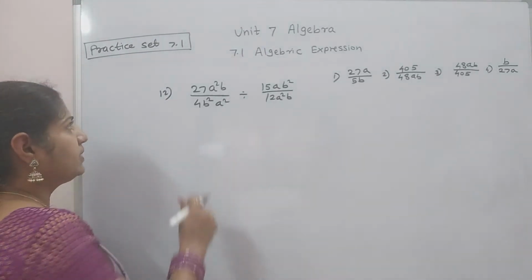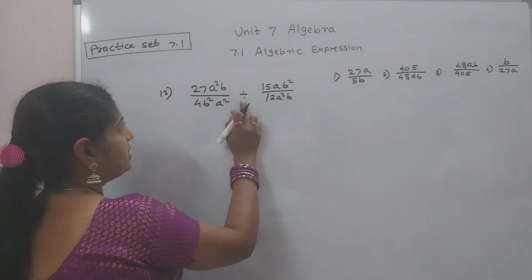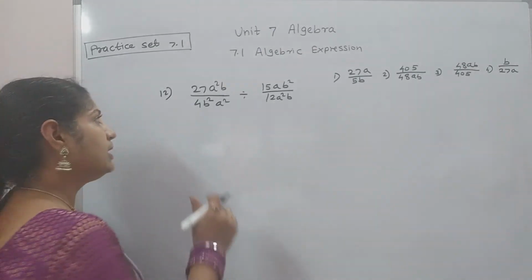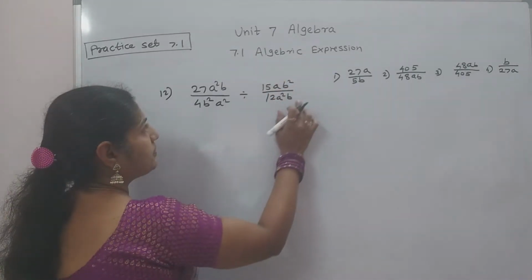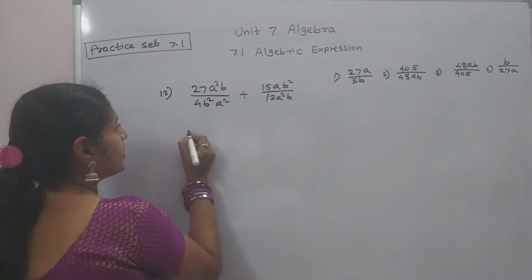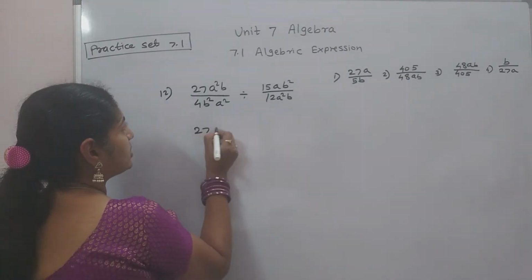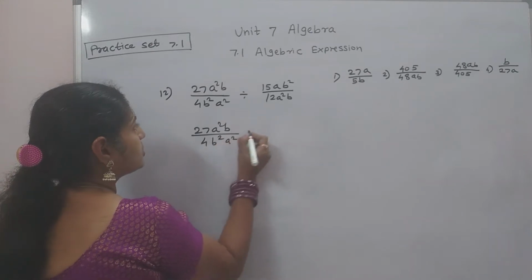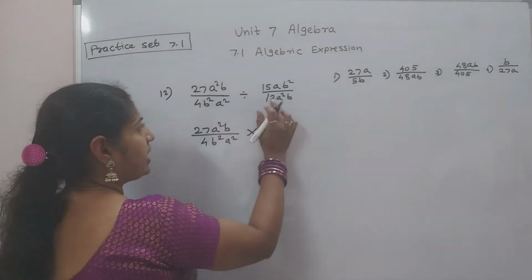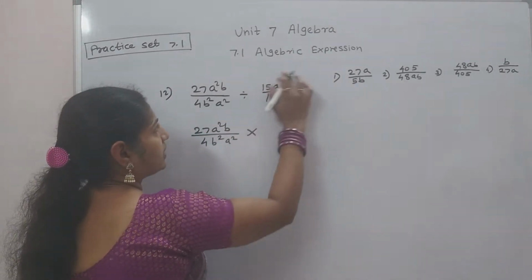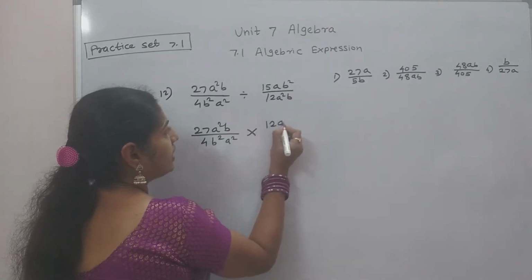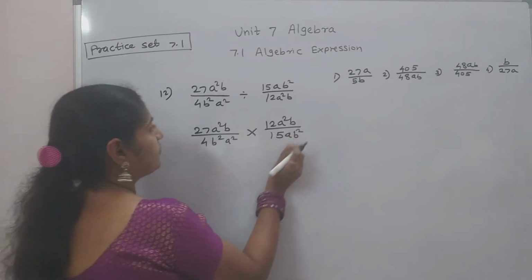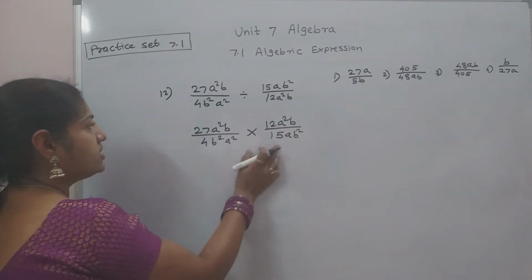Now the next example. There is division, so change the sign of division into multiplication and take the reciprocal of the second number, 12a square b upon 15ab square. First take the reciprocal of this number.